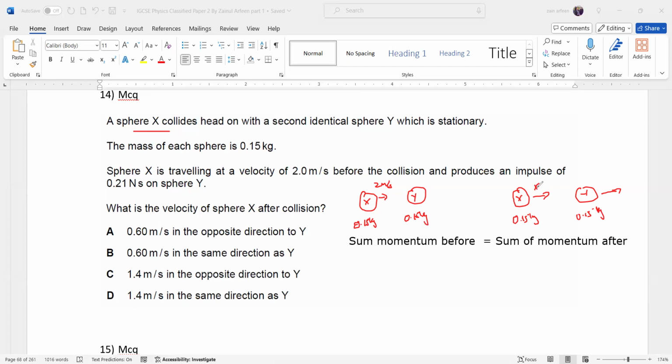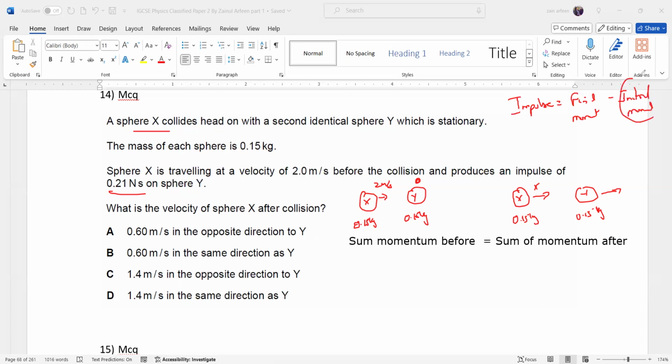Whenever an object is initially stationary, the impulse of the object equals the final momentum, because impulse is the final momentum minus the initial momentum.